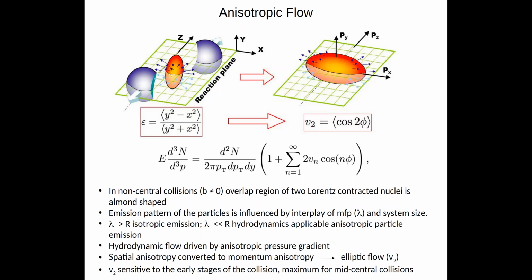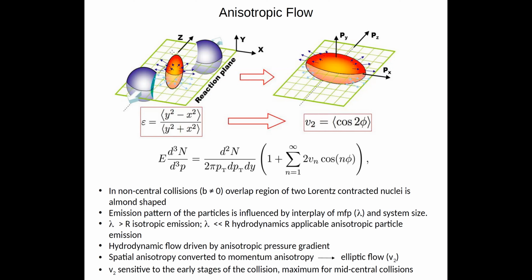That means this initial state anisotropy and the anisotropic pressure gradient will convert the initial state spatial anisotropy into a final state momentum anisotropy, meaning that because of the larger pressure gradient, more particles will be emitted along the x direction compared to the y direction. So what will be the outcome?